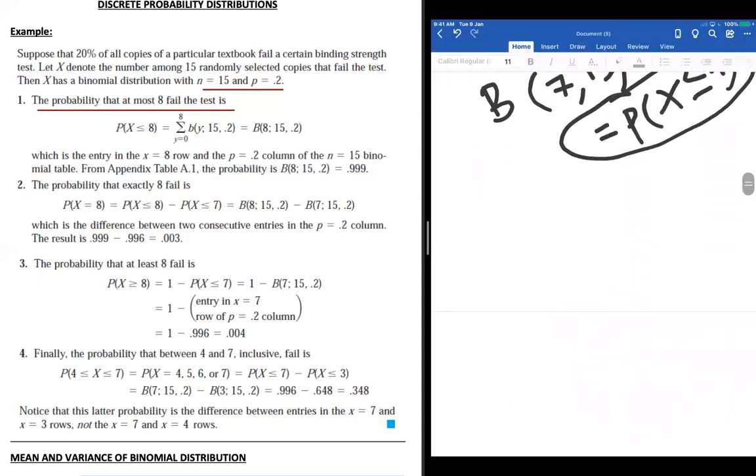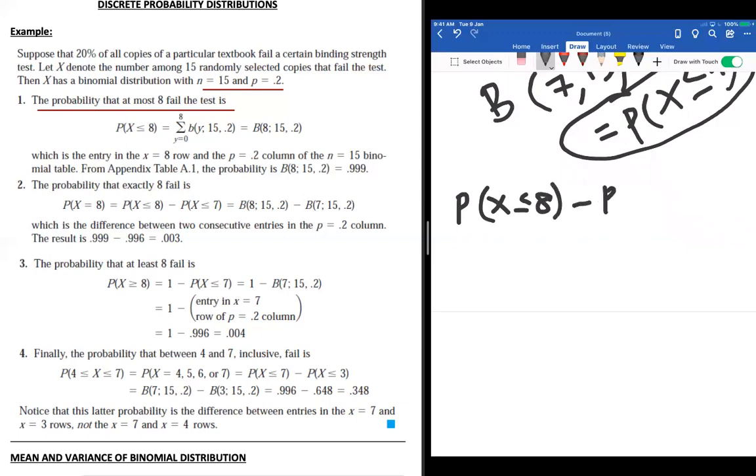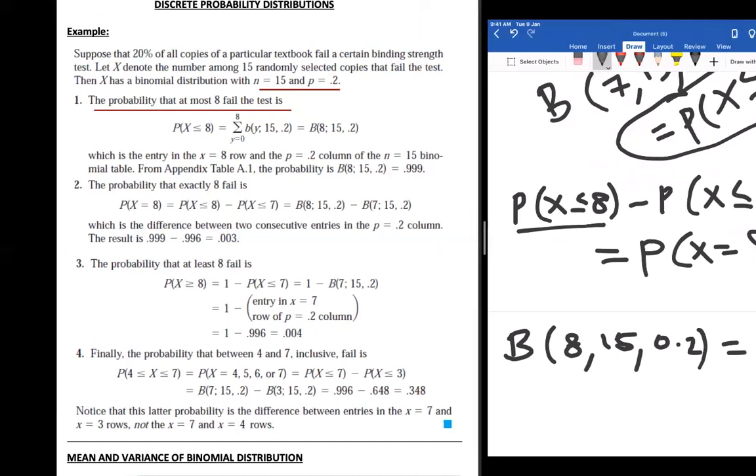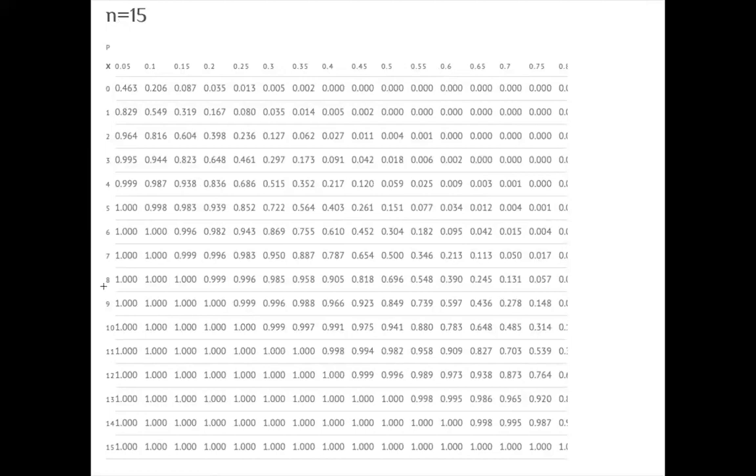So P of x less than or equal to 8 minus P of x less than or equal to 7 is equal to P of x equal to 8. Capital B of 8, 15, 0.2: using the table with x equal to 8, n equal to 15, p equal to 0.2, we already found in the previous question the answer 0.999.